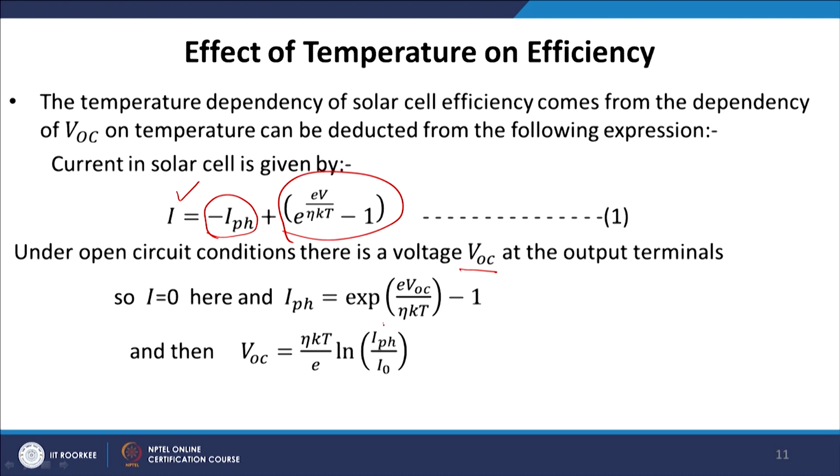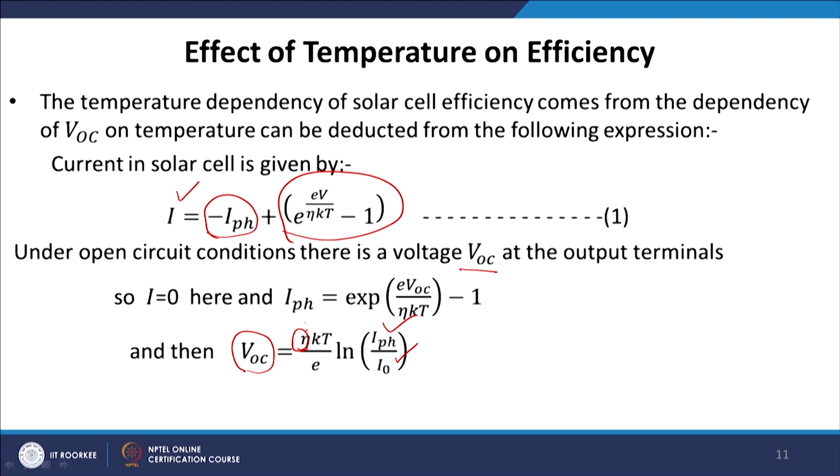So, we know what the photocurrent is, we know what the diode current is. So, what all do we use to know the efficiency of the solar cell? In other words, if we know the VOC, we can find the efficiency, and if we know the efficiency, we can know the VOC. So, for a given photocurrent and for a given temperature, the open circuit voltage and the efficiency are proportional.